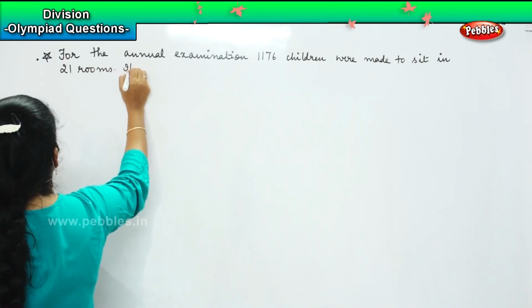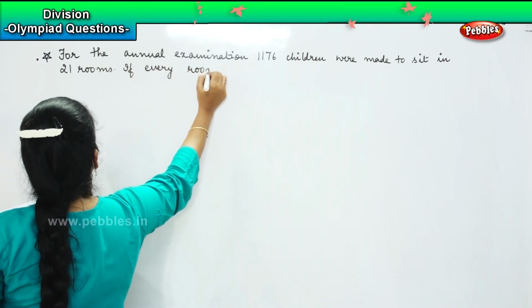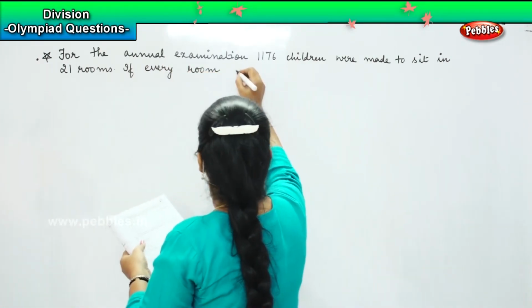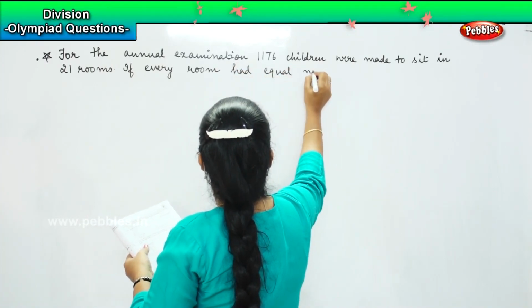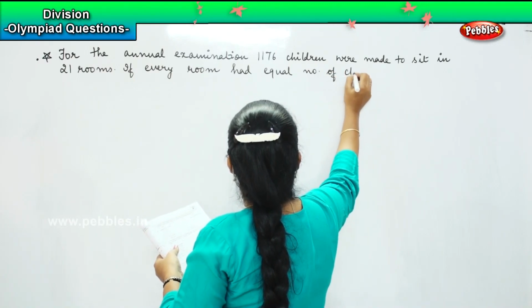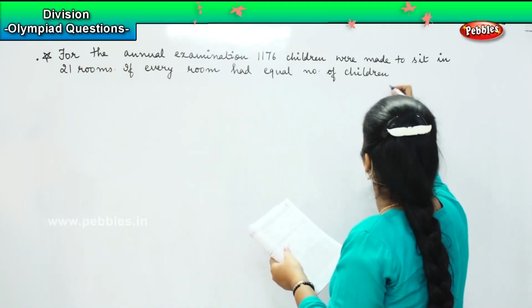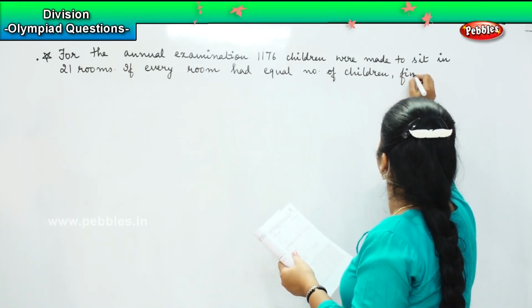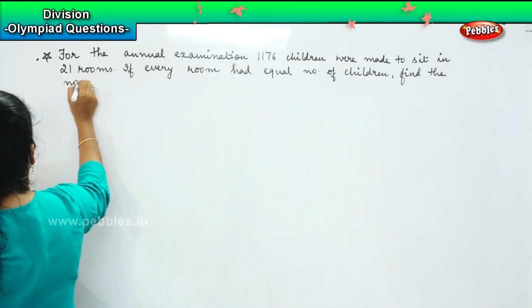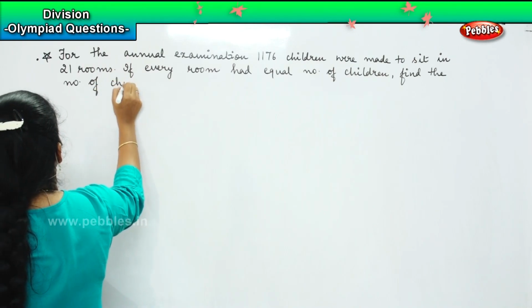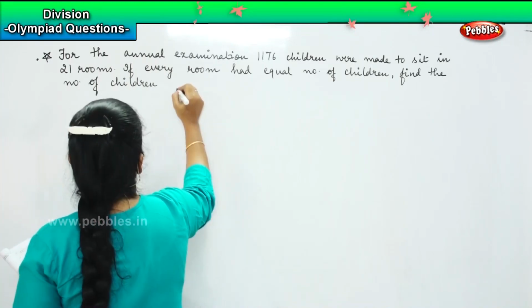If every room had equal number of children, find the number of children sitting in one room.